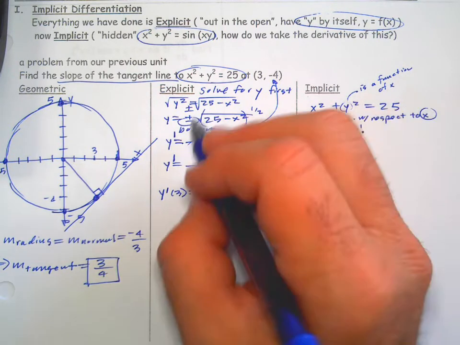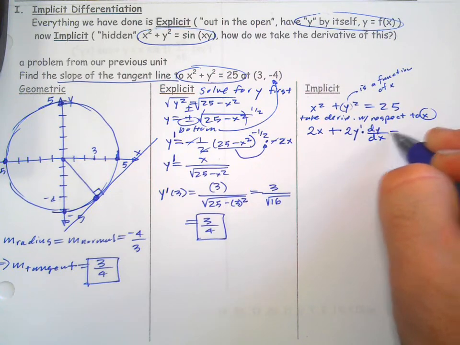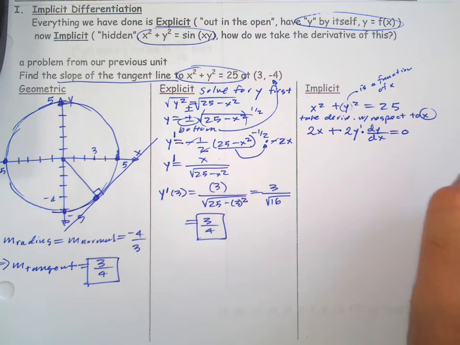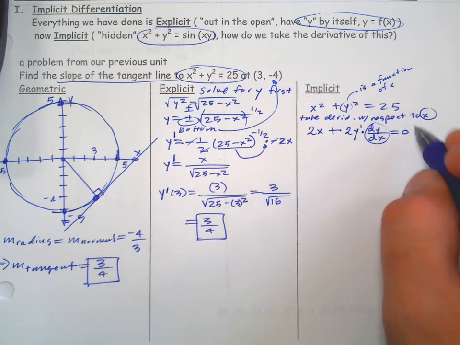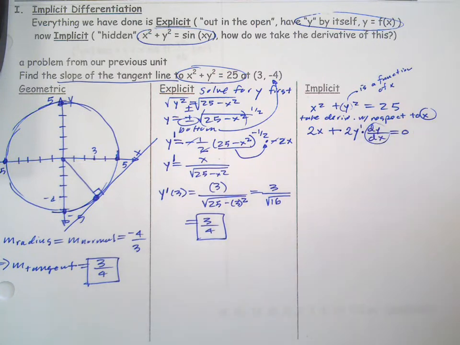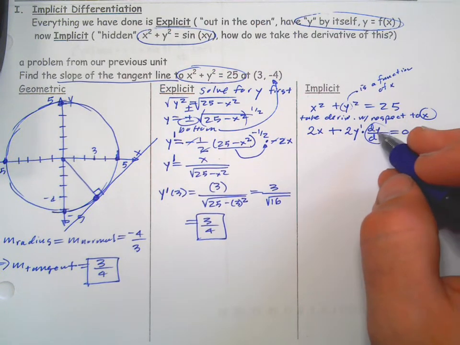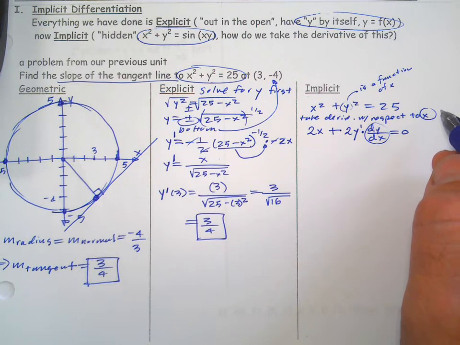Now, since we don't have it in terms of x, we'll just write that as dy dx. The derivative of 25 is 0. Now, I like to use dy dx for derivatives in implicit instead of y prime, because y prime in the middle of all this could get mistaken, since there's actual y in here. So I'm going to use dy dx. But that's how we do it, okay?